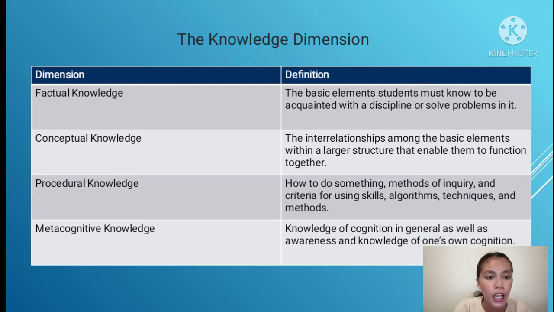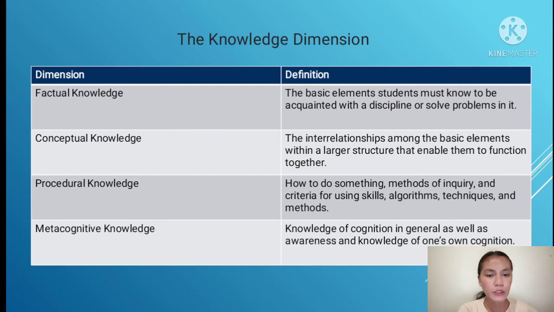Procedural knowledge, how to do something, methods of inquiry, and criteria for using skills, algorithms, techniques, and methods. And last is metacognitive knowledge, knowledge of cognition in general as well as awareness and knowledge of one's own cognition.